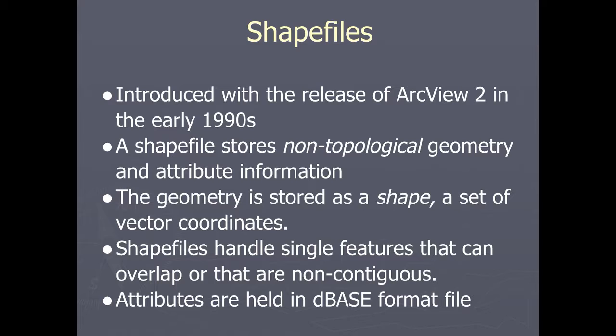So DBase, a lot like the old info database that Esri adopted, the DBase format file was not an Esri thing. It was another database file that they adopted and built their shapefile format around. Another great thing about shapefiles is that they allowed us to have overlapping and non-contiguous geometries or polygons.